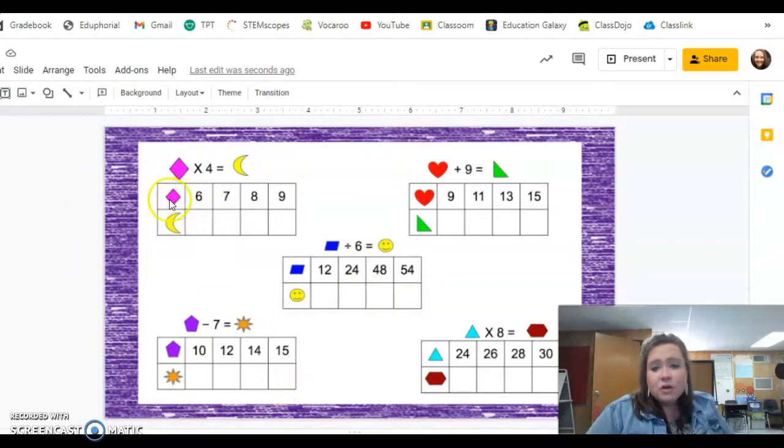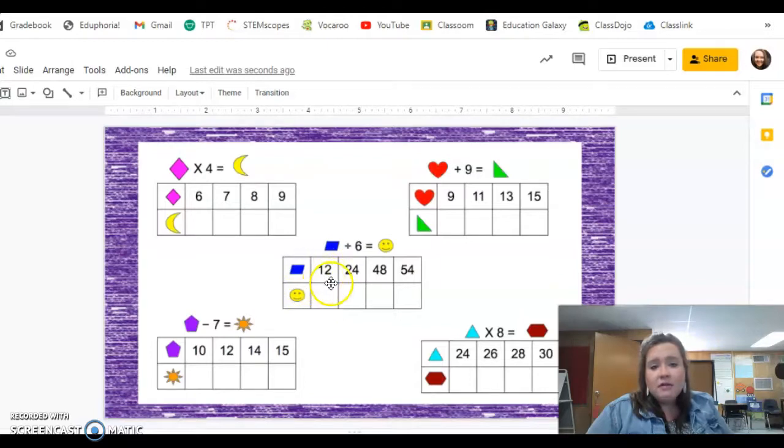This tells you diamond times 4 equals moon. So you're going to take your 6 times 4 equals, 7 times 4 equals, you're just filling those in. The heart plus 9, so 9 plus 9, 11 plus 9, 13 plus 9, 15 plus 9. This one, your parallelogram divided by 6 equals your smiley face.